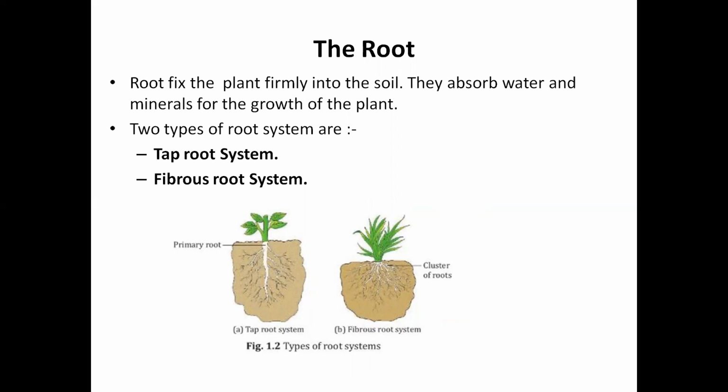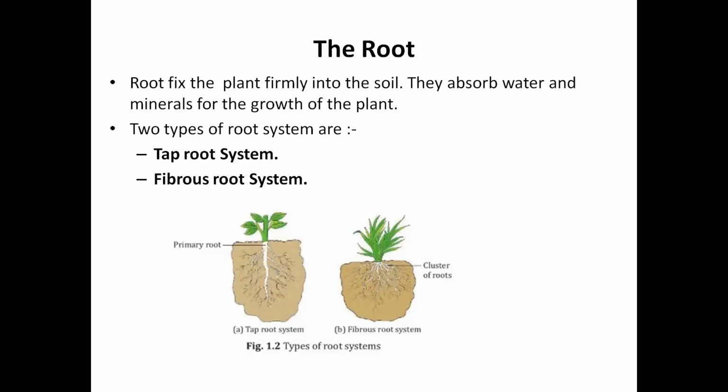Both types of roots are given there. In the taproot system, one single primary root elongates and further branches out into fine branches. Examples of taproot system are the roots of pea and pudina plants.